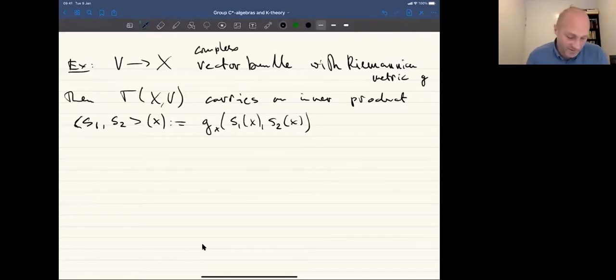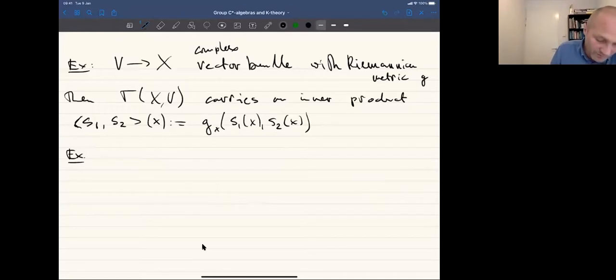Now, this is really the key example, and this is what Hilbert modules generalize. Of course, there's no finite dimensionality in the definition of a Hilbert C-star module.